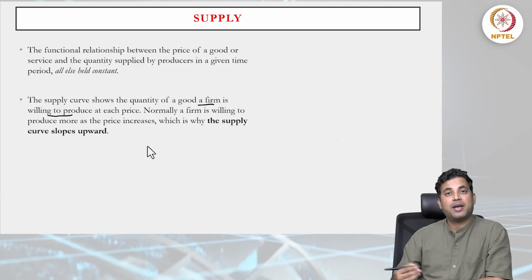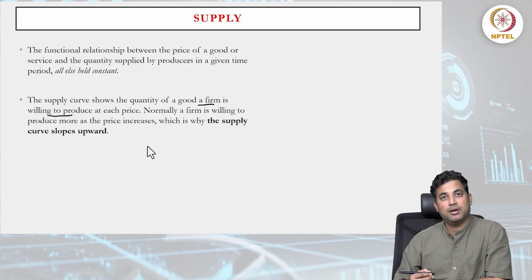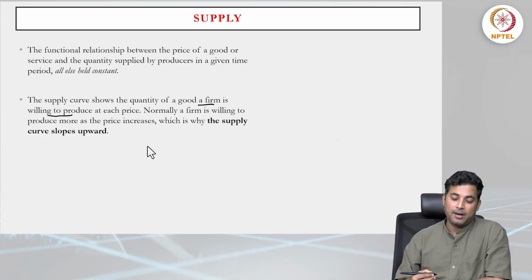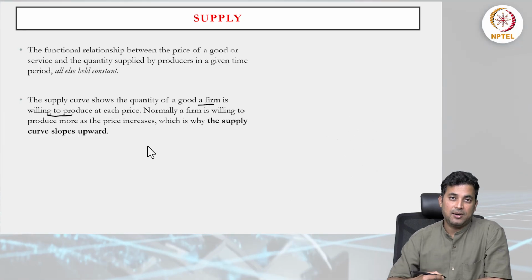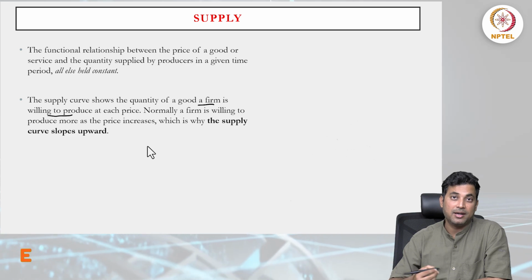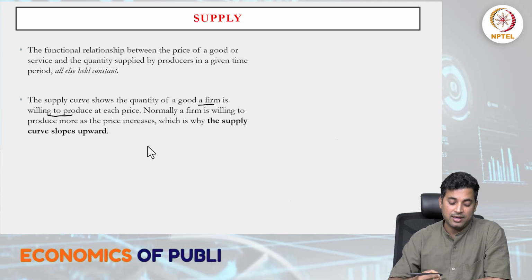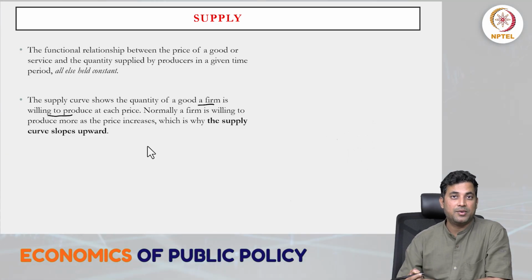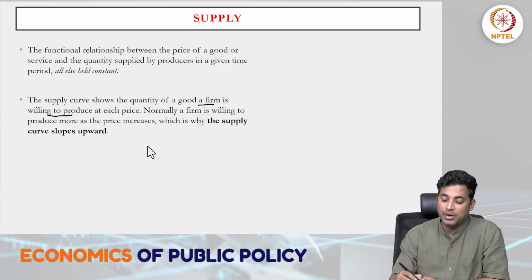Therefore as price increases, producers will be highly motivated to produce. Unlike the demand function, where as price increases quantity demanded decreases, in the case of the supply curve, as price increases, producers will produce more.